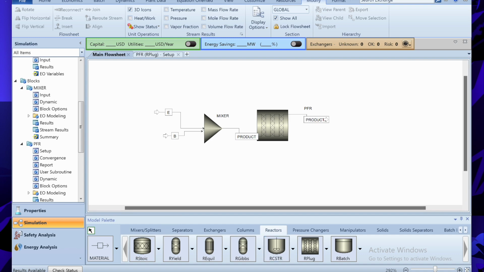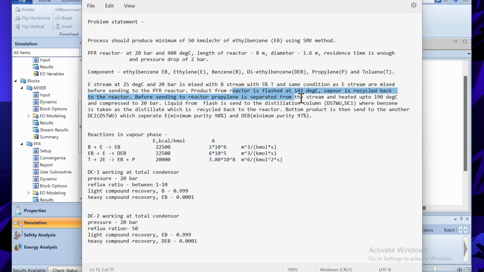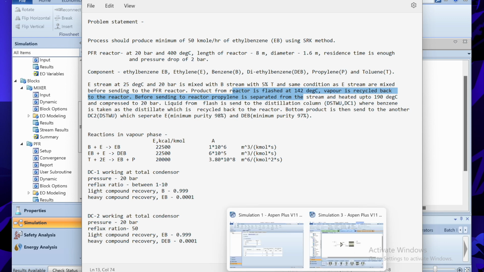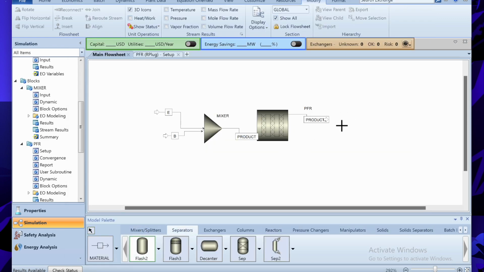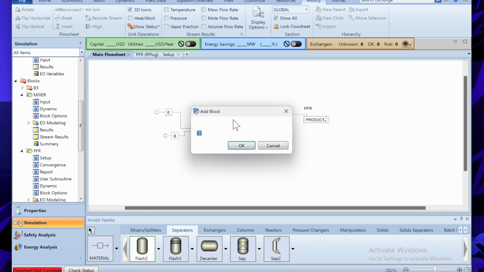So the next thing is we have to flash it at 142 degrees Celsius. So let's flash it at 142 degrees Celsius.